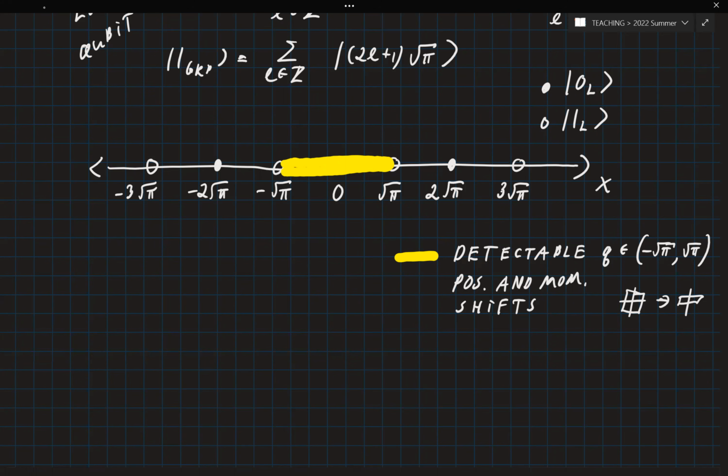So displacements, just like the Paulis, the question was, does this protect against other things like squeezing or any other operator? Displacements, just like Paulis, allow you to express physical noises in terms of superpositions of products of displacements. So for any physical noise operator, you can express it as an integral over different displacements with some coefficients.